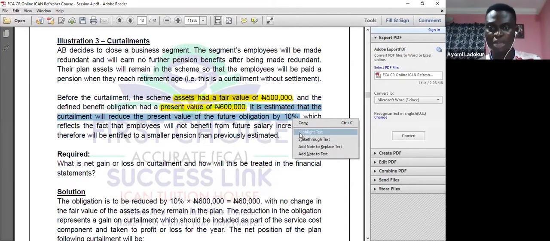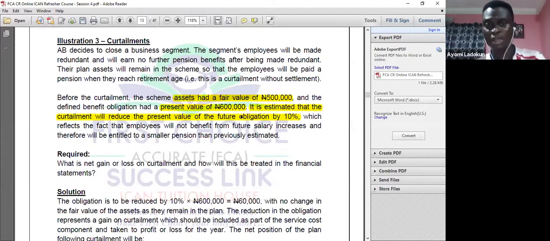So that means 10% of 600, because they'll be redundant. My liability has reduced and they will not have access to future increases in salary, right? Who would have estimated all those increases in salary in future periods? That's what influences our contribution.